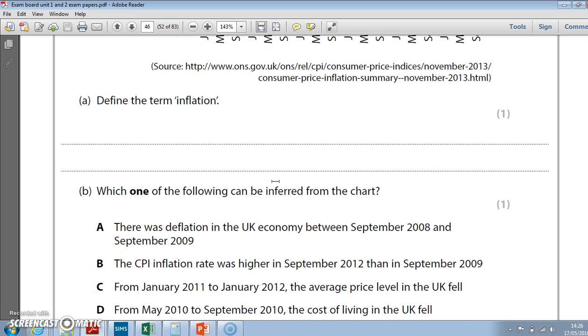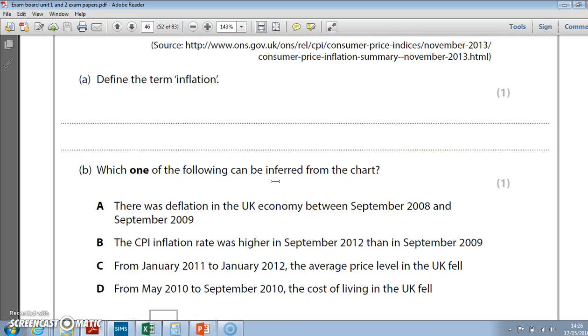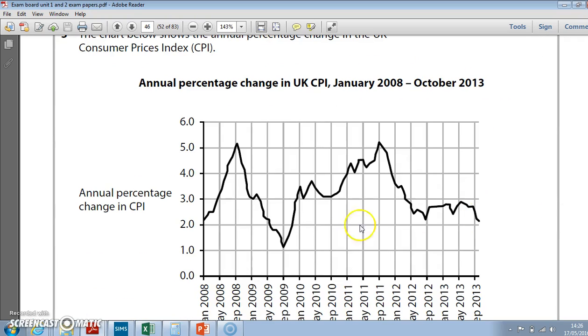There was deflation. So we're looking at these different things here. Now, just focusing on that word quickly, deflation. Deflation doesn't mean inflation's going down. Deflation means that in fact things are getting cheaper. So it's not that inflation is slowing down, it's not that inflation went from 3% to 2%. Deflation would be if it was minus 2%, things actually got cheaper. So I can tell from looking at this graph, nowhere on the graph is there deflation because it's never below 0.